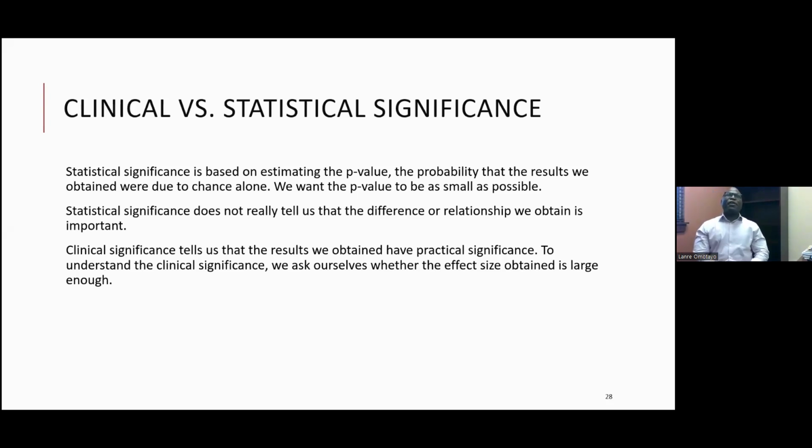But if the actual difference you find between people who are taking the drugs and people who are not is that it lowers the systolic blood pressure from 160 to 156, to 157, how much of a difference does that actually make in the lives of the patients that are going to be treated?